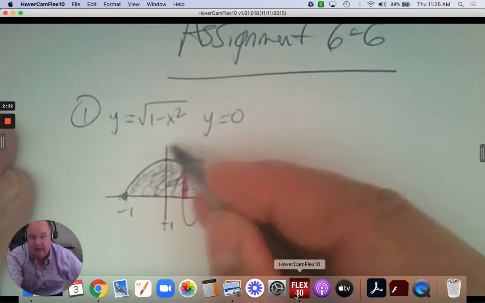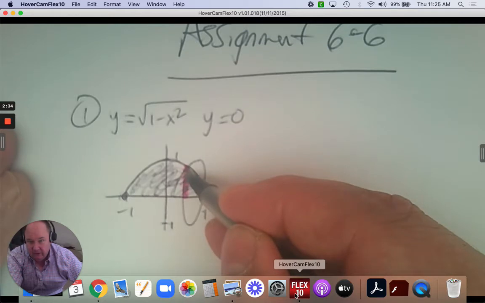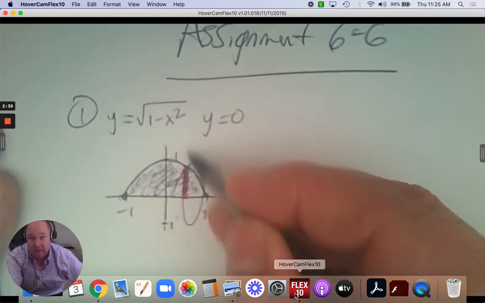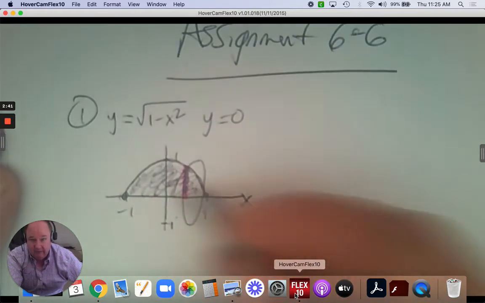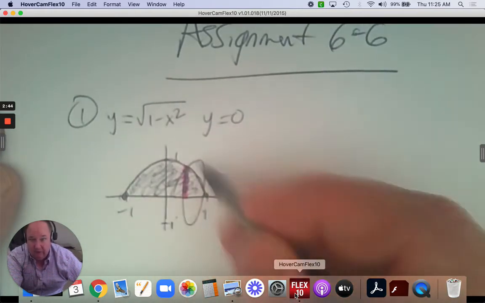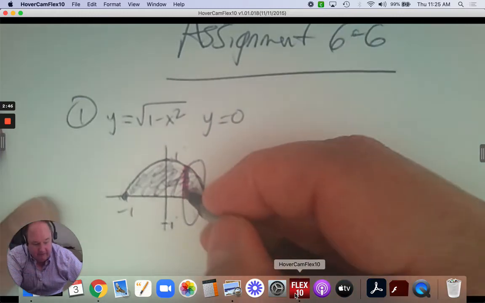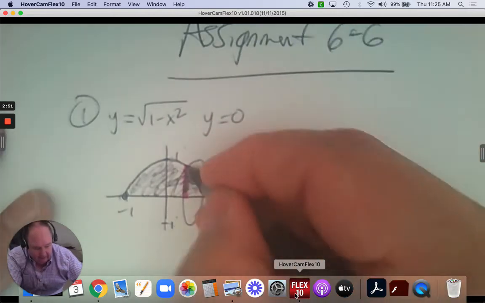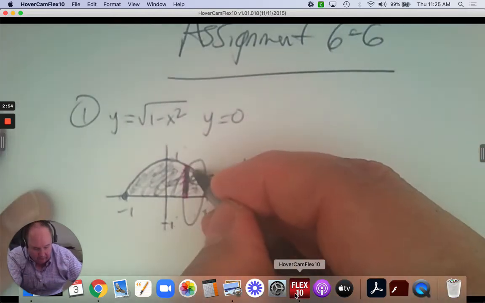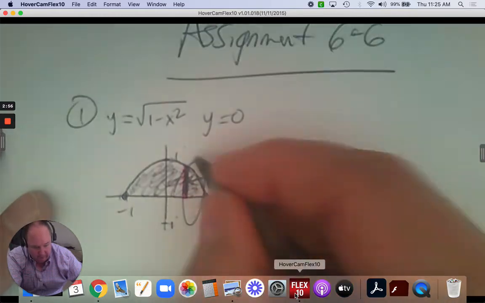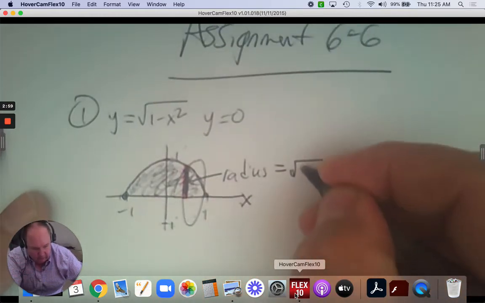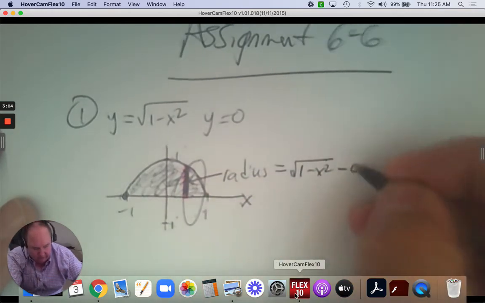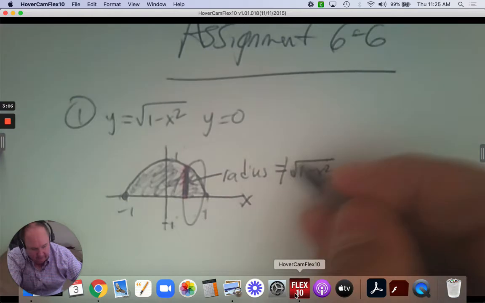So if I'm rotating this, this does not describe the diameter because it goes above, below, and it's rotating a full rotation around it. So what's above goes below, above, below, and rotating. This is representing the radius. And the radius here is going to be top, subtract bottom. So the top is the square root of 1 minus x squared. The bottom of this is 0. So when you subtract 0, this represents the radius.